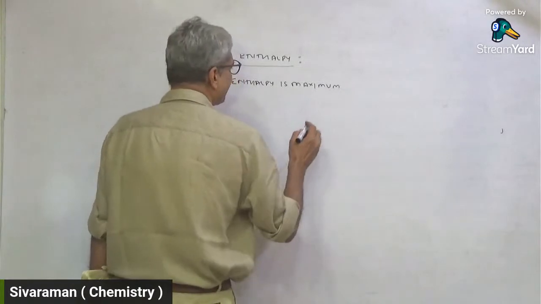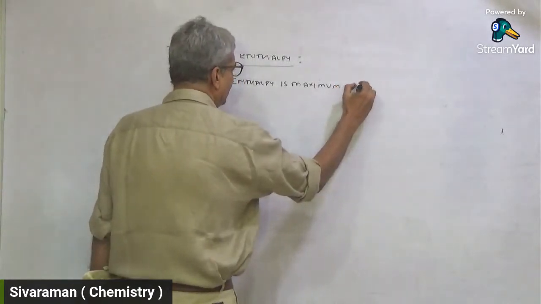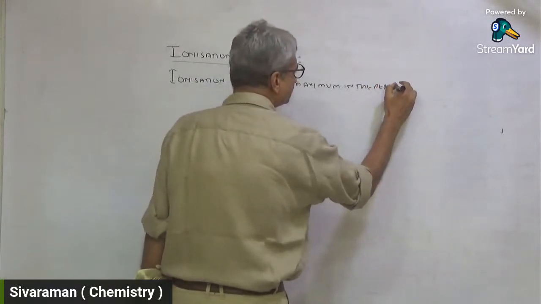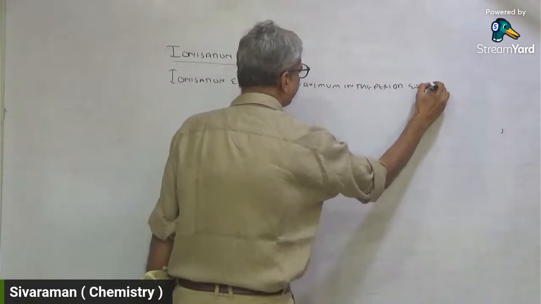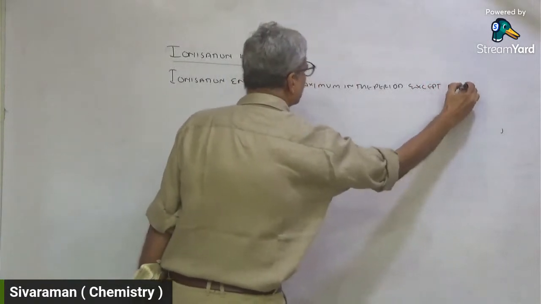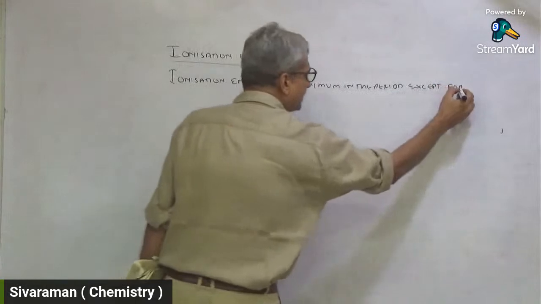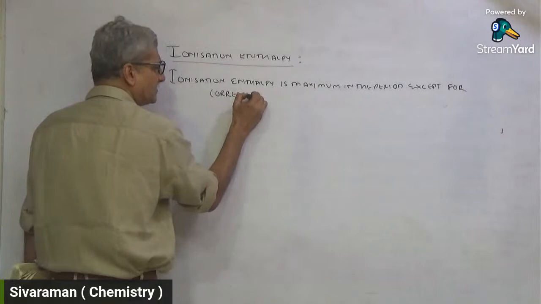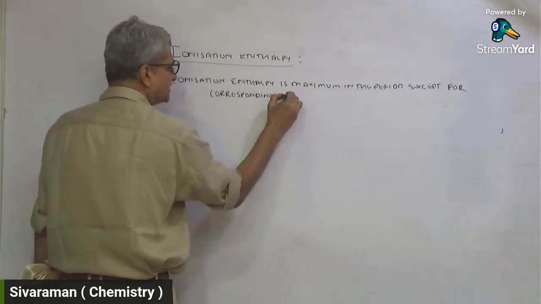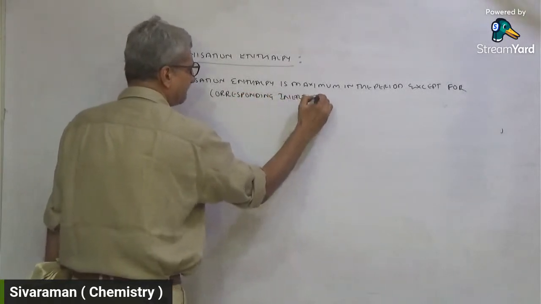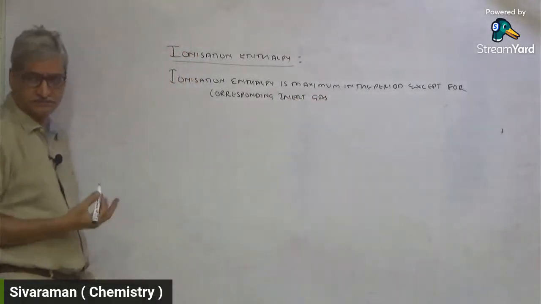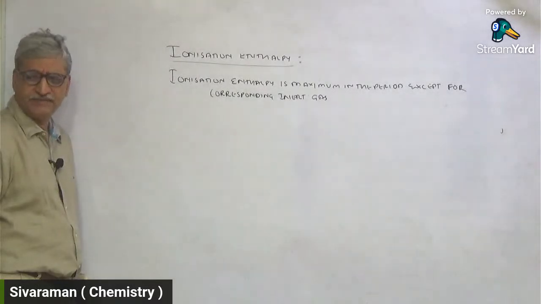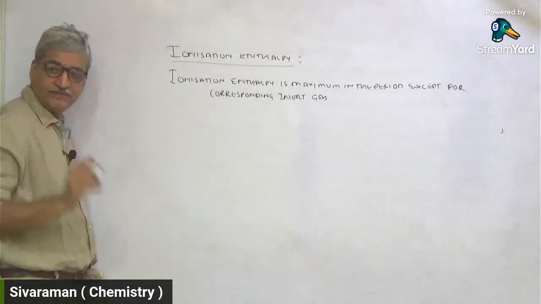Ionization enthalpy is maximum in the period except for the corresponding inert gas. Leave that. Otherwise, you will find that ionization enthalpy is maximum.